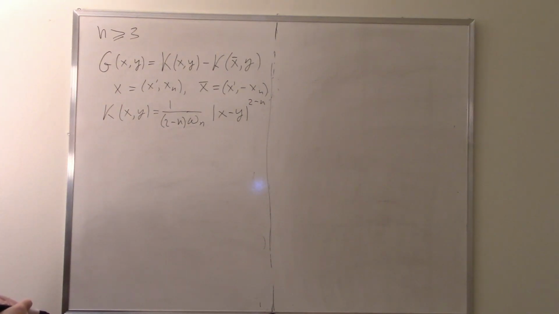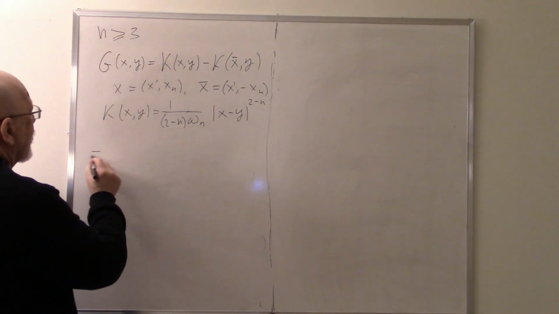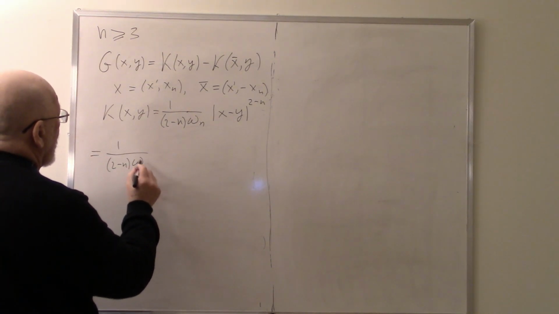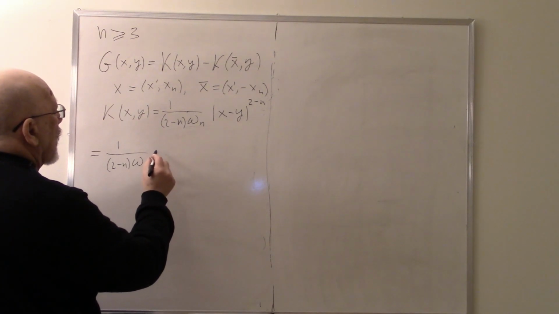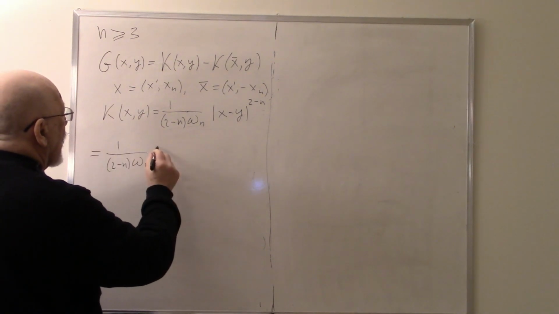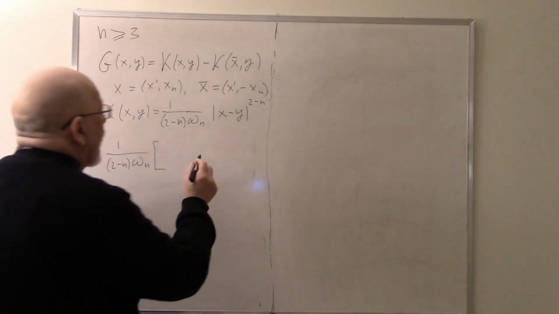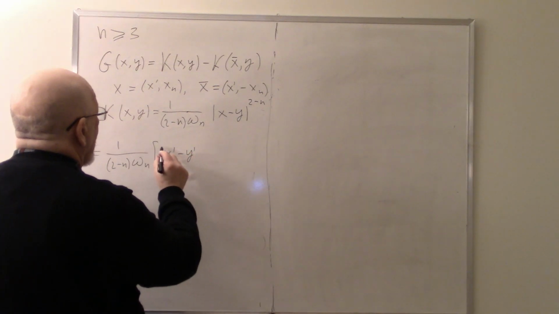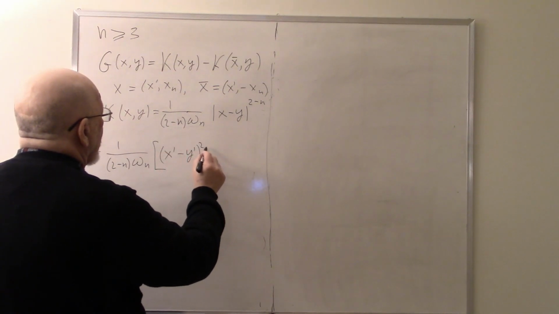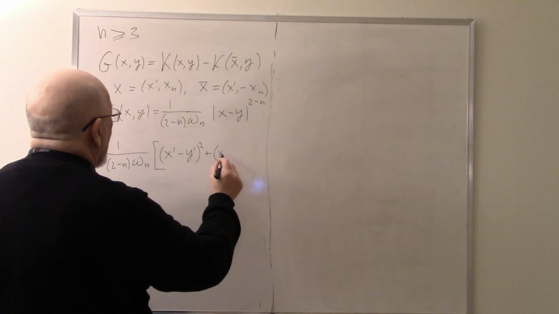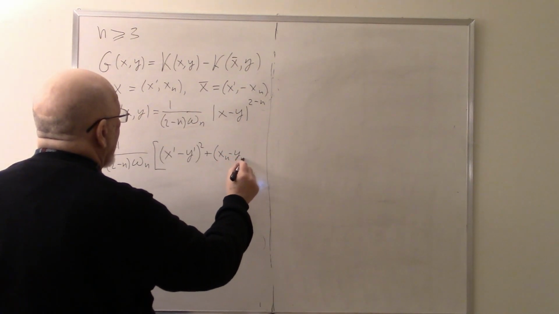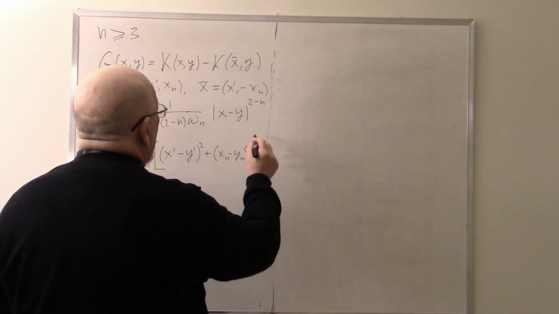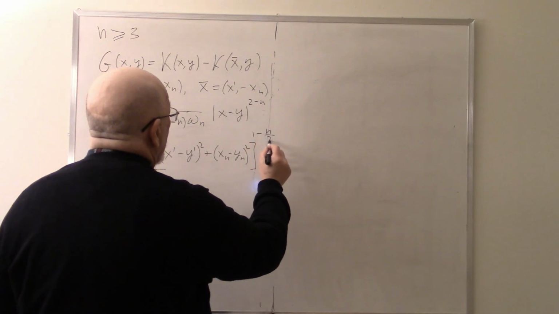This is k equals 1 over (2 minus n) omega n, times (x prime minus y prime) squared plus (xn minus yn) squared, to the power 1 minus n over 2.